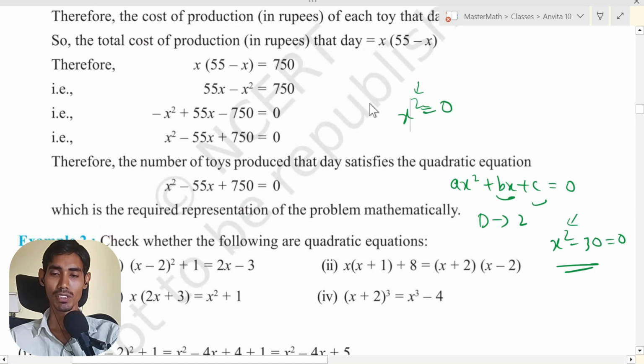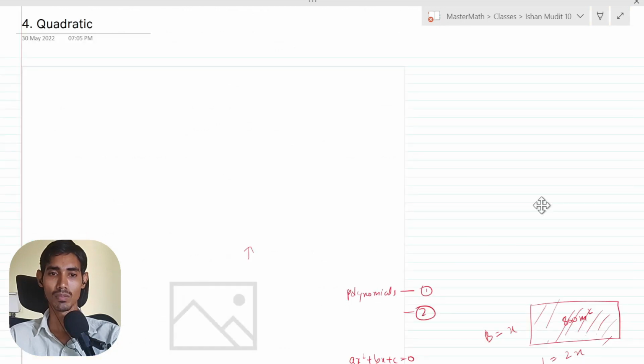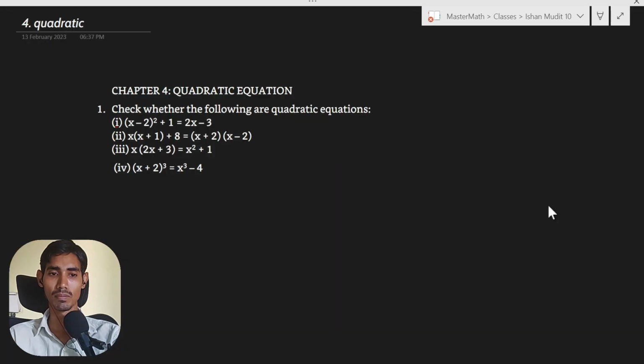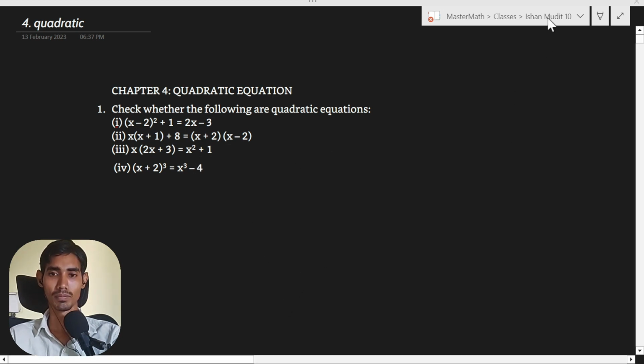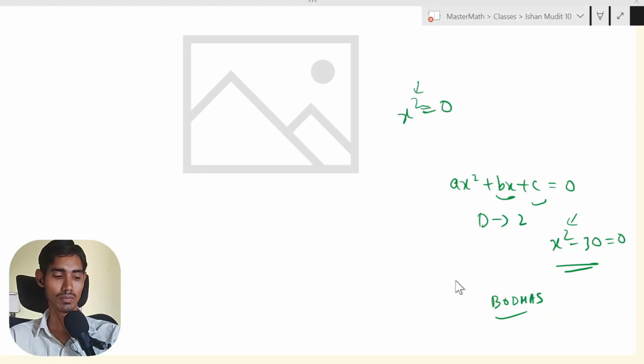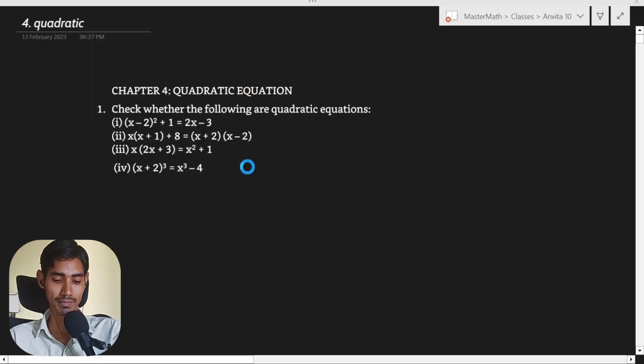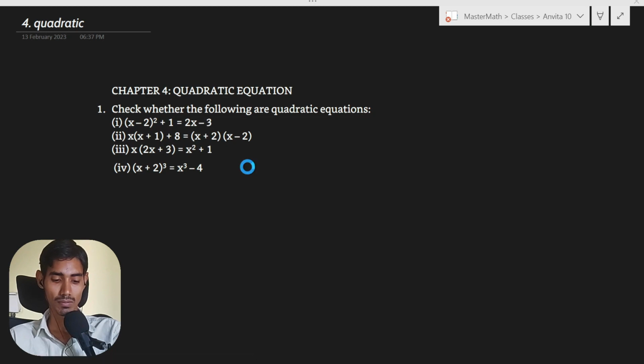Yes, multiply and then check, expanding brackets. x into x minus 2 plus 2 into x minus 2, x square minus 2x plus 2x minus 4. x square minus 4, minus x square plus x plus 8 plus 4 is equal to 0.